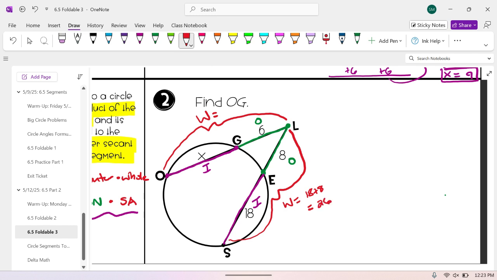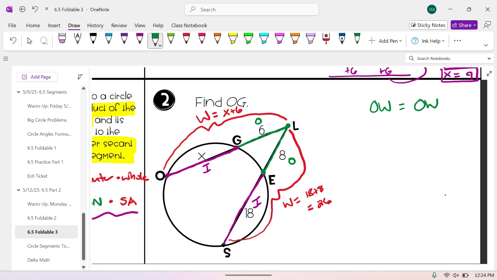So coming back to the length of OL, what do you think it is? Not 6x, but you're on the right track: x plus 6. So we add the two lengths together. It has a length of x and a length of 6, so x plus 6. Now we can set it up using our formula. Outer times whole is equal to outer times whole.